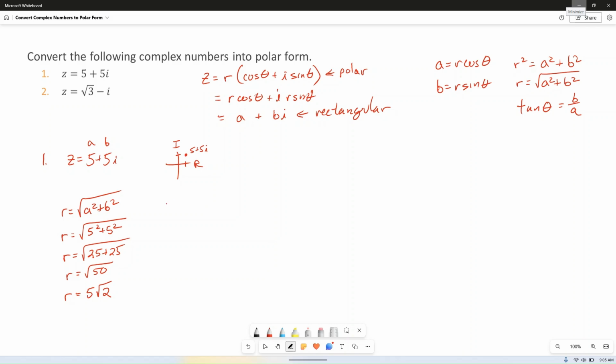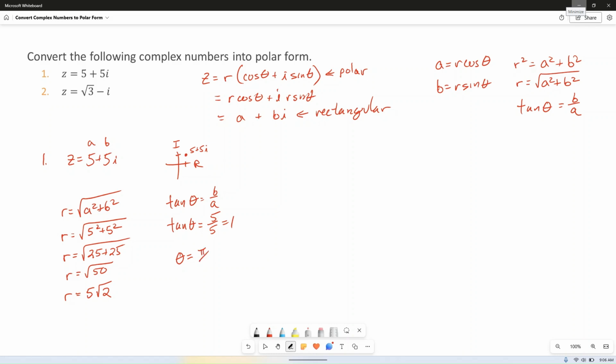To find theta, we're going to use the tangent of theta is equal to b over a, right? That's y over x. So we know tangent of theta is equal to 5 over 5, which is a 1. So what angle makes tangent equal to a 1? And that angle has to be in the first quadrant, right? Because that's where our point was. Well, tangent's 1 at pi over 4. In the first quadrant, it's going to be pi over 4.